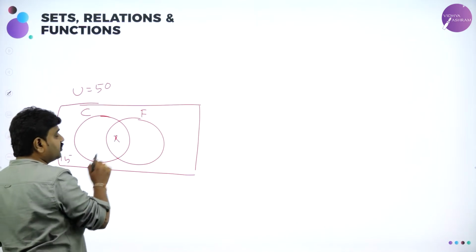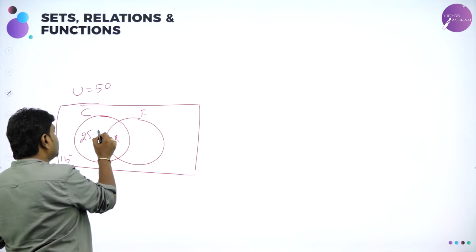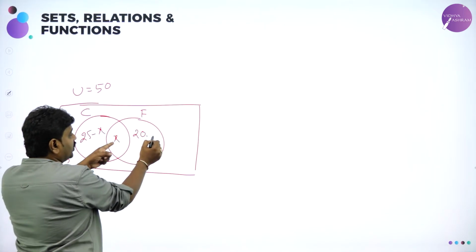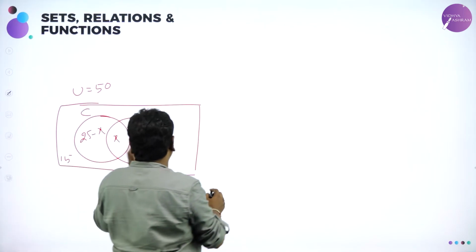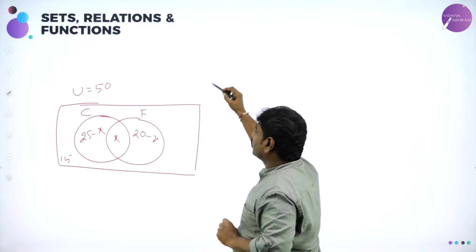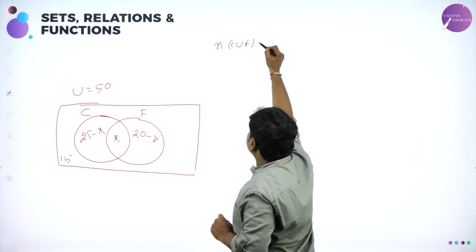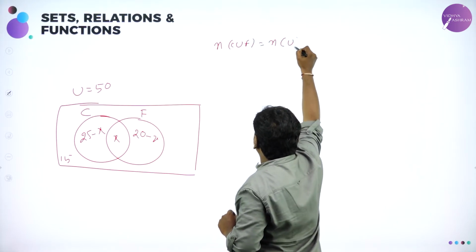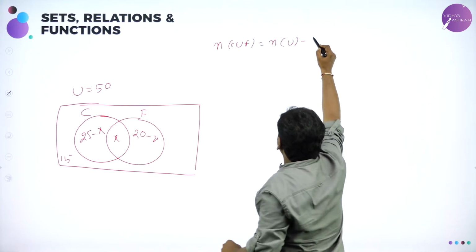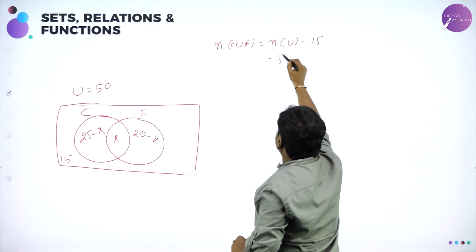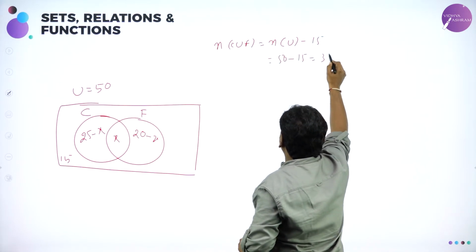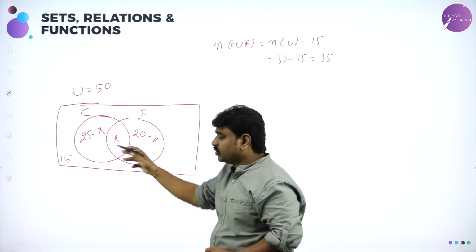So this was x and this total 25 minus x, this total 20 minus x, and we solved and we got x. How to solve this? n of C union F means n of universal minus those who do not play. 50 minus 15, that will give you 35, and we add all to get this.